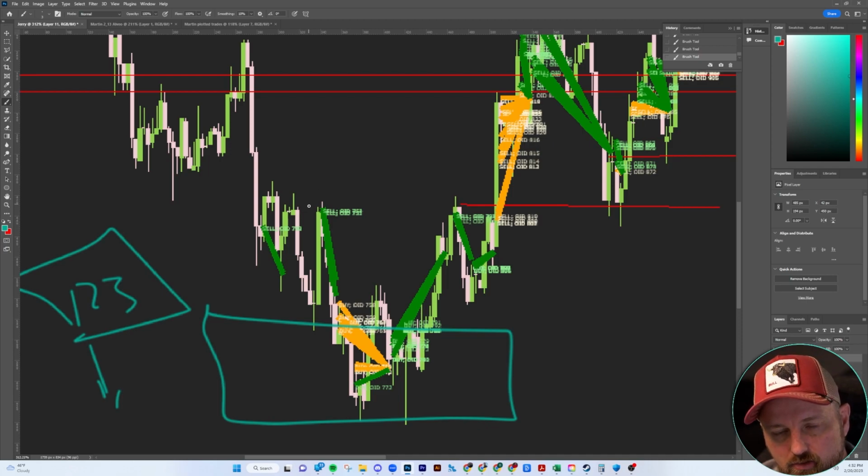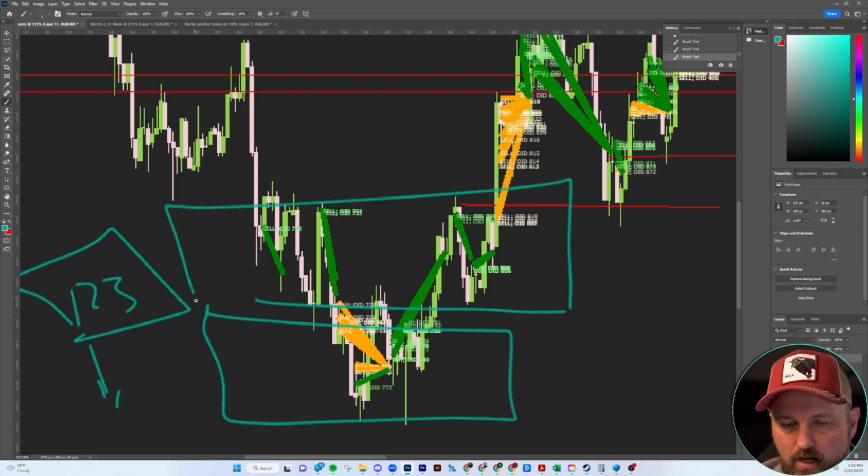Where those 1, 2, 3s come into factor is when it starts to trade in a range and it's going to break up or higher, right? So you're already in the range and it's going to break up, and it's not a ride the wave situation. That's when you get the 0, 1, 2, and 3 attempts.